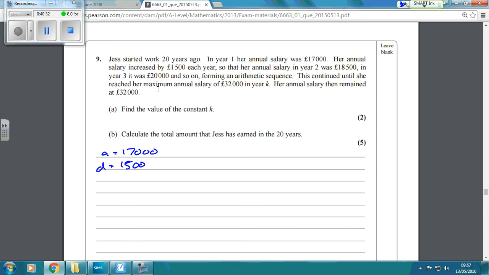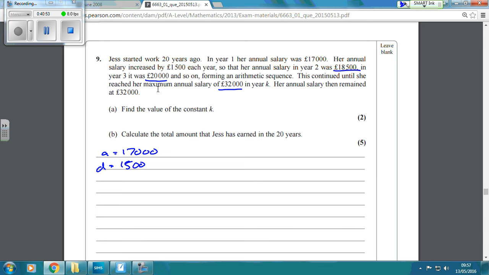And then they say it goes up by 1,500, goes up by 1,500 again, forming an arithmetic sequence. It continued until she reached a maximum annual salary of 32,000 in year k. Her annual salary then remained at 32,000. So find the value of the constant k.